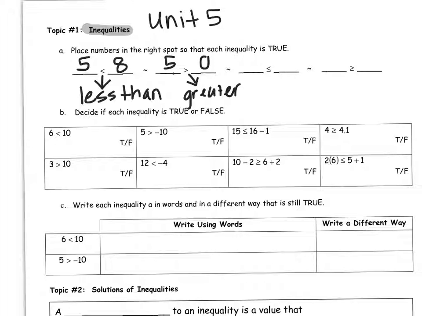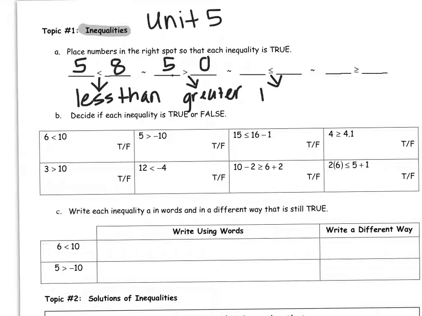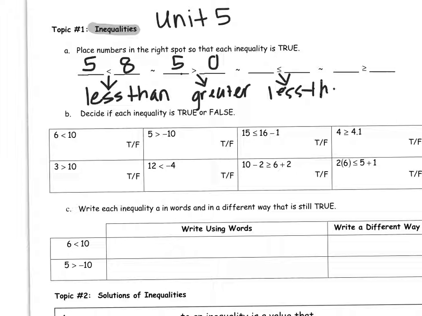That's a true statement. Alright, this statement right here, again, same symbol as here, less than, but it has the line underneath it. And that means less than or equal to.